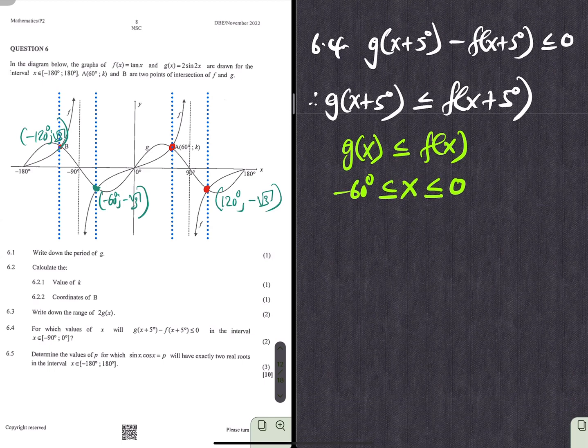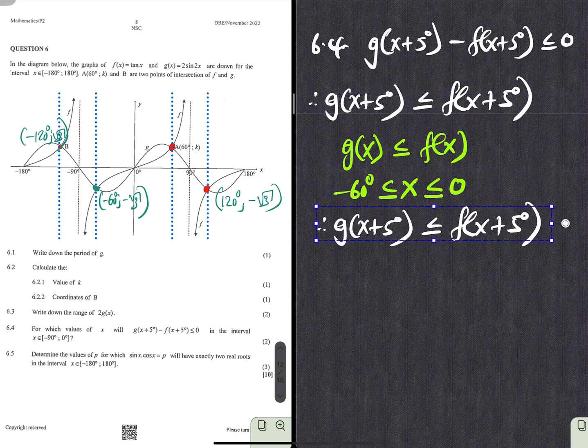So now for this inequality, we want to move these points to the left. That means we are going to get negative 60 degrees minus 5 less or equal to x less or equal to 0 minus 5 degrees.